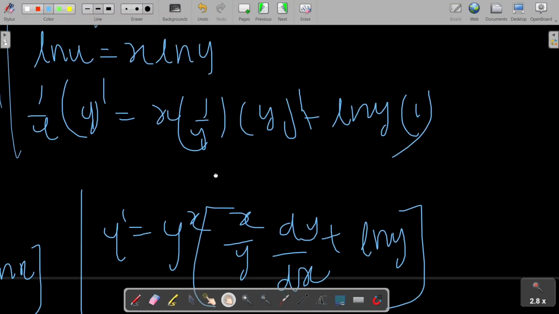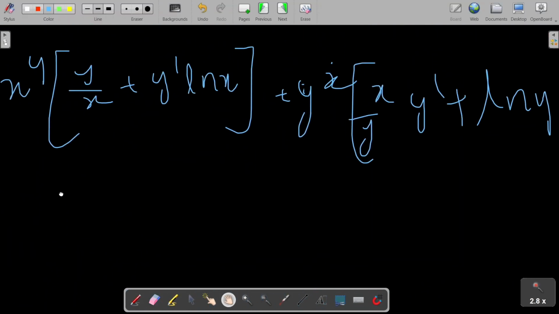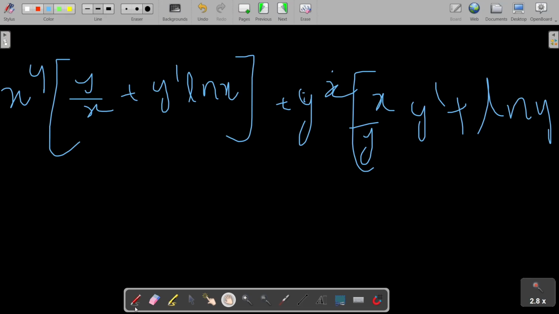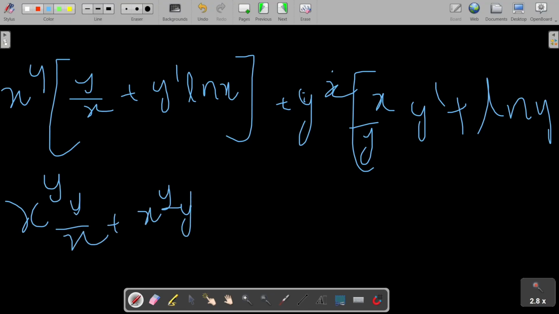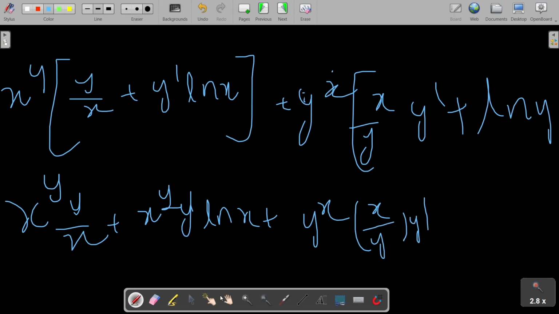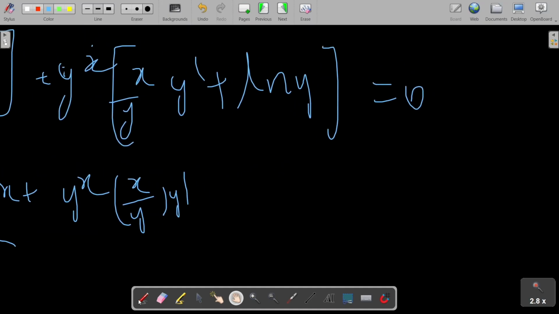So let's solve for y prime. To solve for y prime, I need to isolate y prime only. So we have x power y over x plus x power y prime ln x, plus y power x into x by y times y prime, plus y power x times ln y is equal to 0.